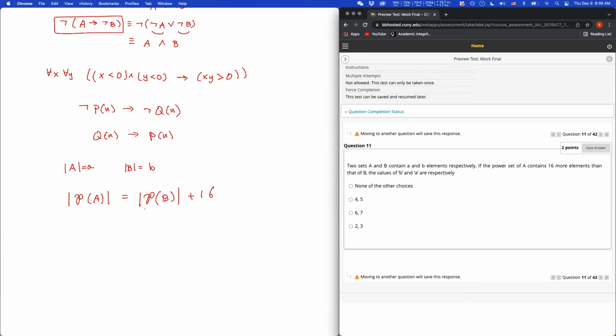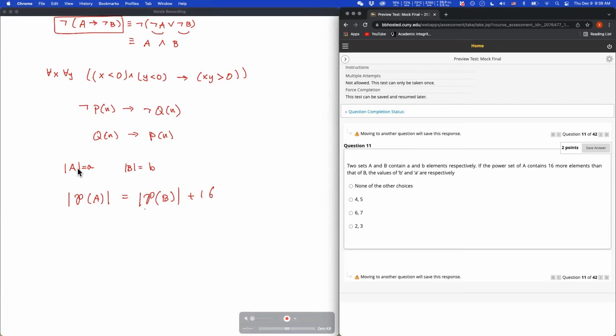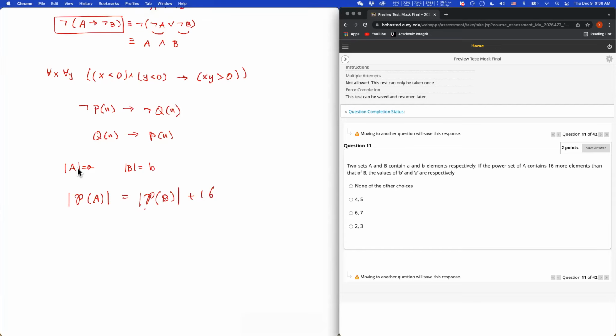Anyone? How do we find the number of elements in the power set? 2 to the n. So we know the power set of A will contain 2 to the a elements, and the power set of B will contain 2 to the b elements. Now you know the power set of A will equal 16 more than the power set of B. So what's the value of a and b?